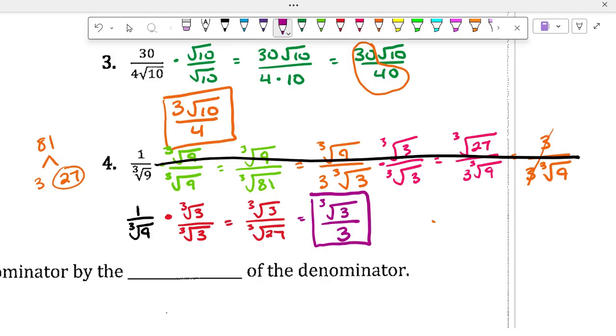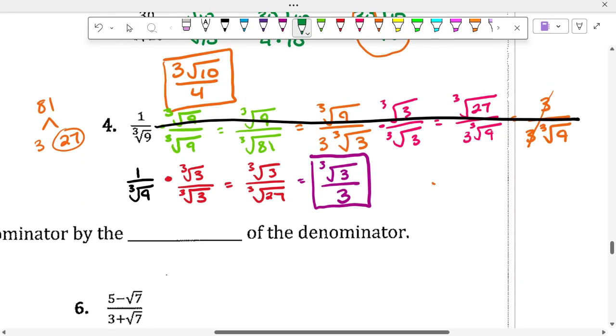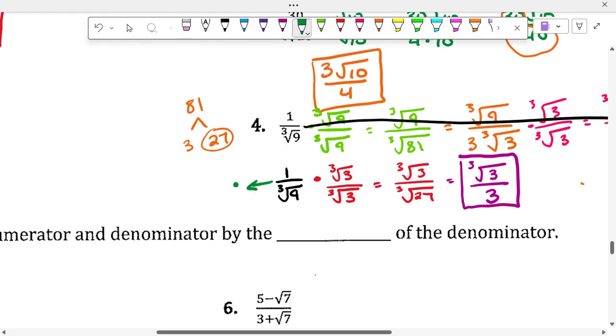So this is just something you got to think about. If you couldn't find that perfect cube, you could have just bit the bullet and multiplied the cube root of 9 twice in a row.